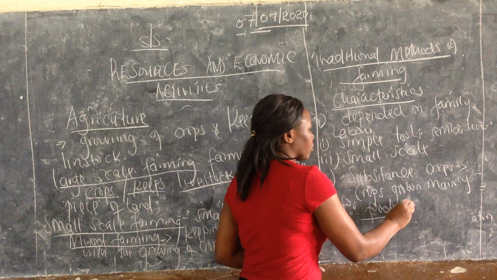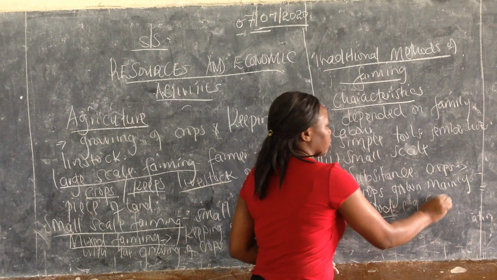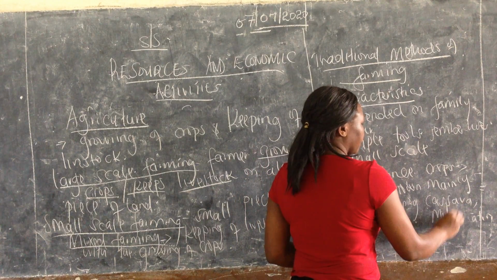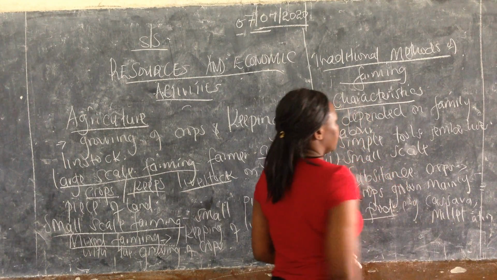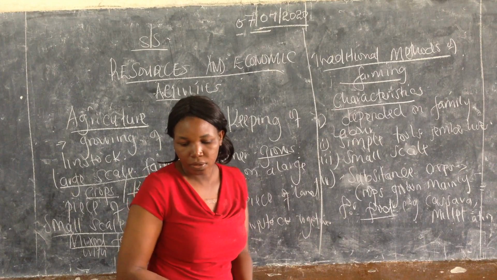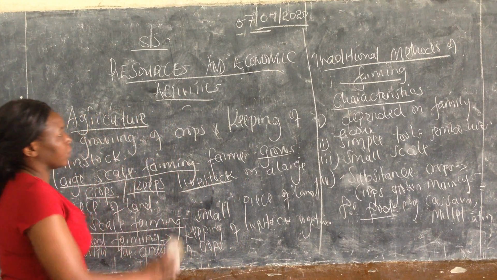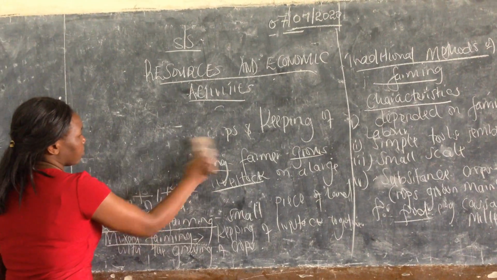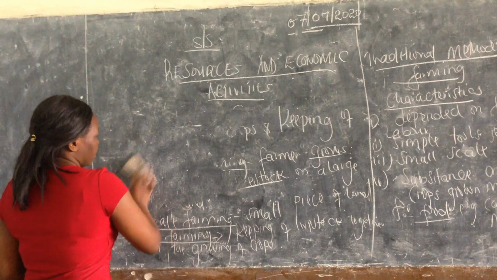You have millet, sorghum, cassava, etc. Those are examples of the crops that were grown. So these are the characteristics of traditional farming.